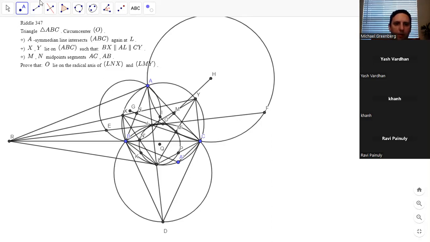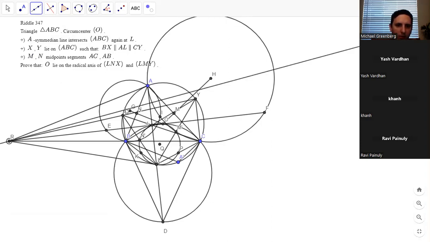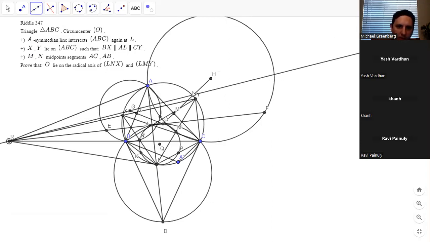So maybe there's some other line through R. That's what I did.